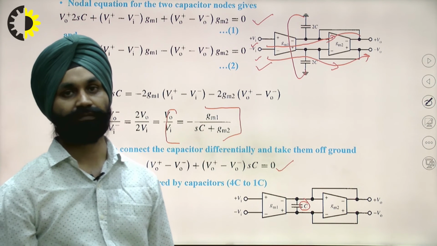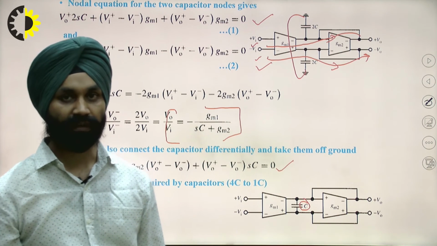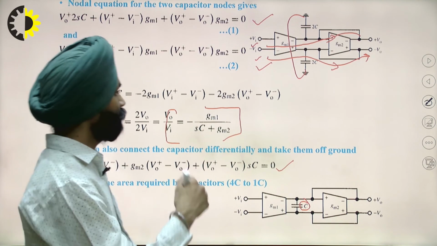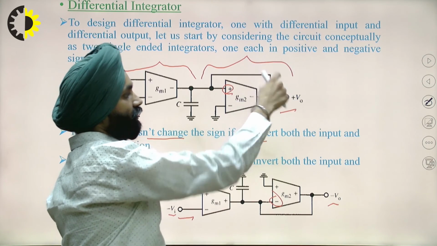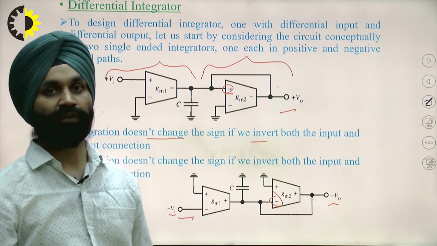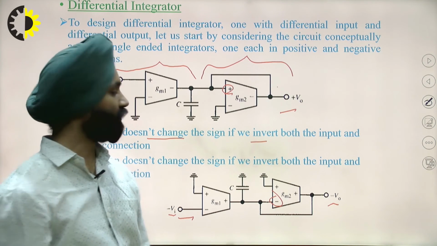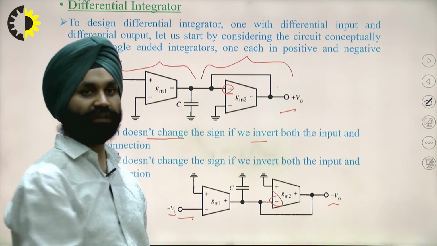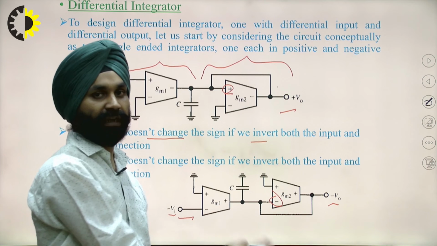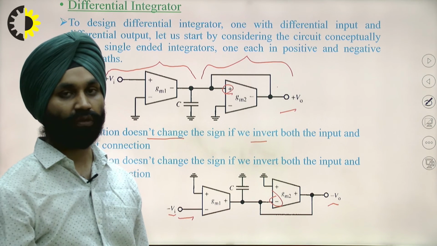So from this single input integrator, to make a differential output integrator, we have taken the mirror image, by inverting the input and output connections.